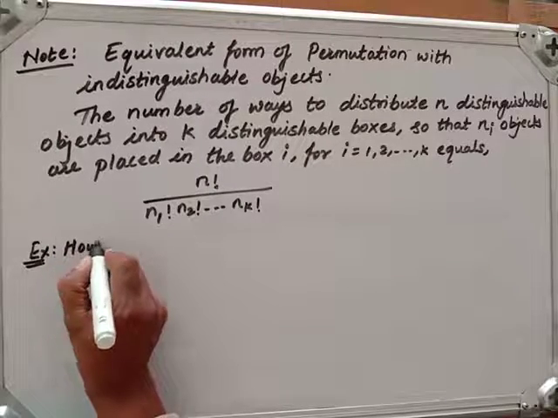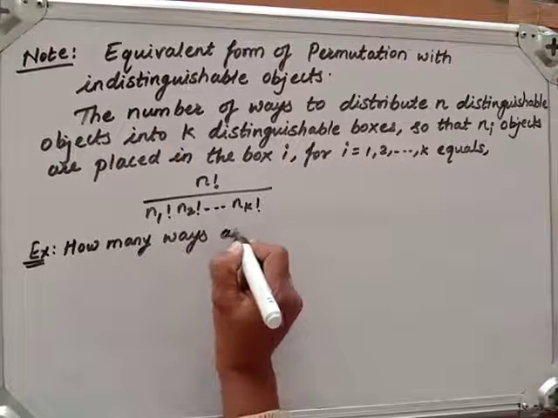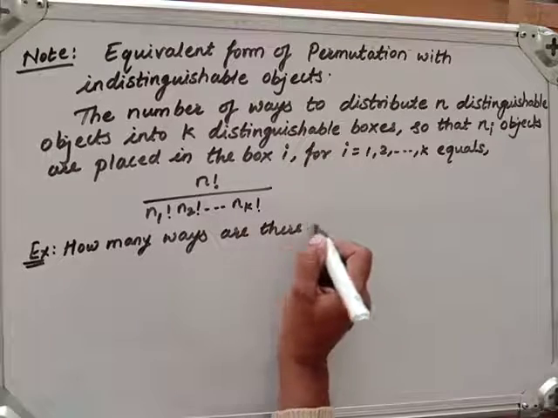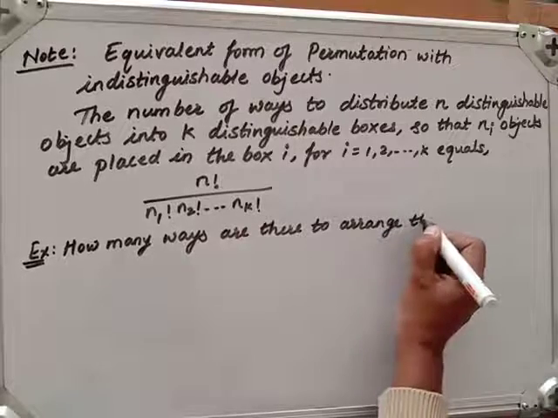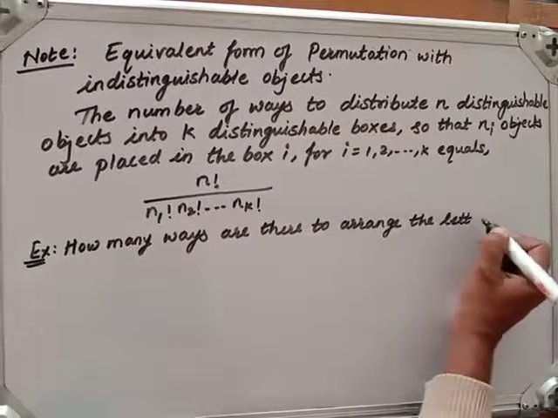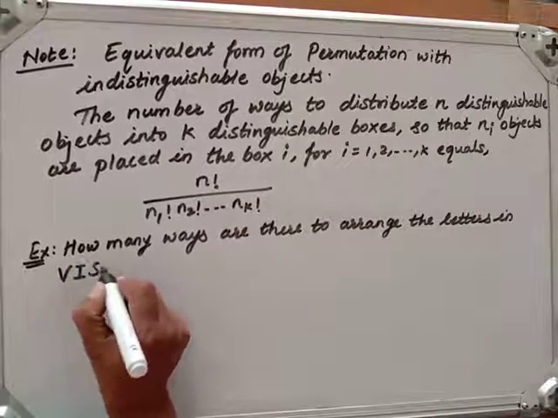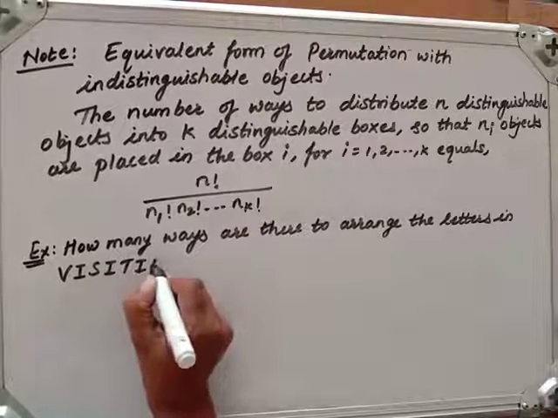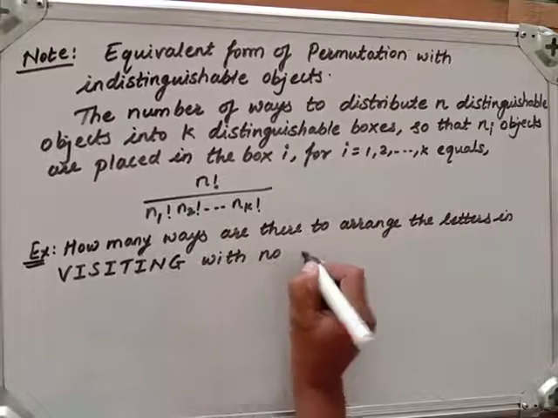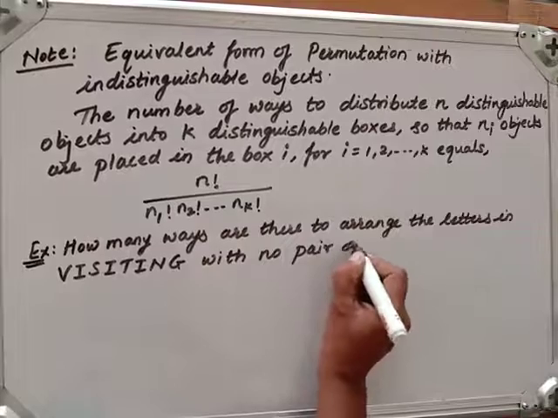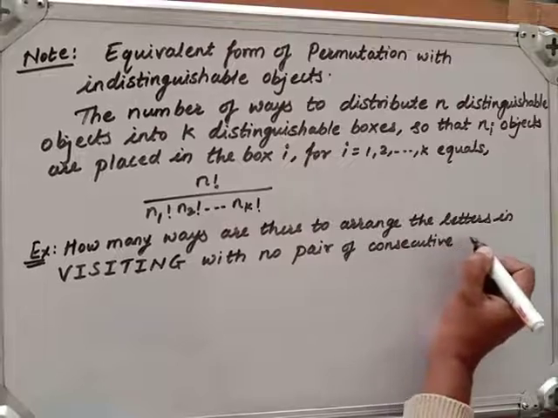Now let us take some more examples. How many ways are there to arrange the letters in the word visiting with no pair of consecutive i's.